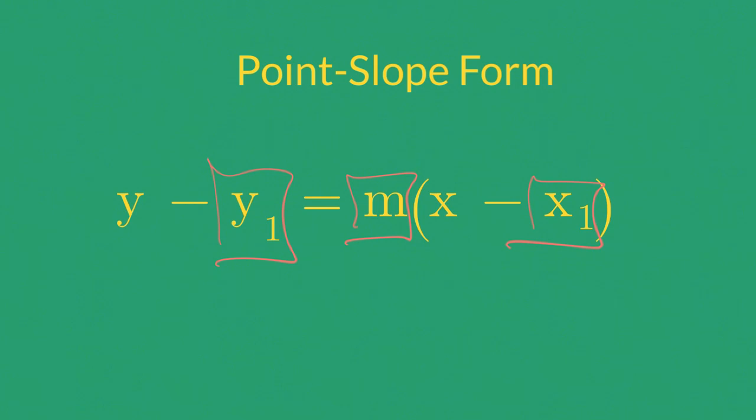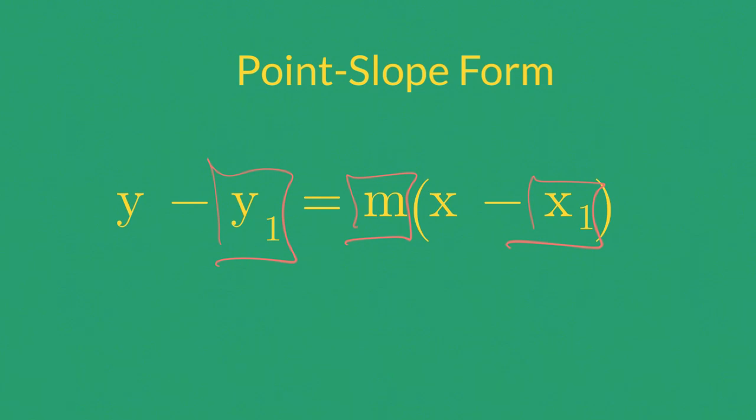The three things that I have boxed in red, those three places are where you can put information. The y sub 1, that is where we're going to put a y value. The x sub 1 is where we're going to put an x value. And of course the m is where we're going to put the slope.